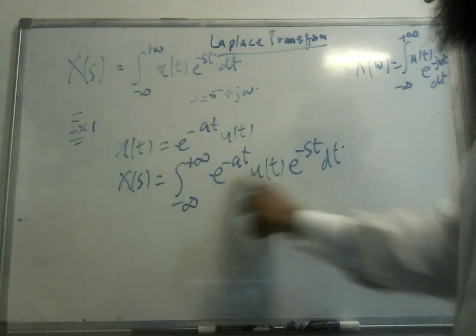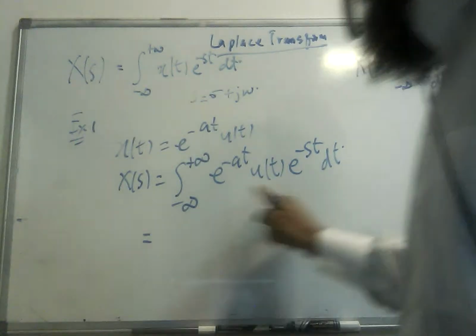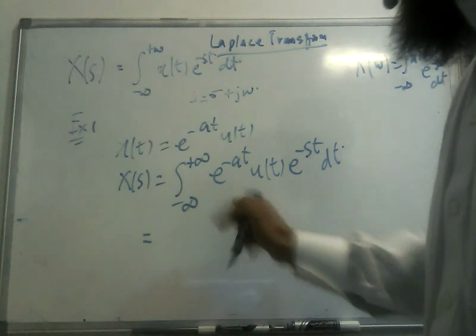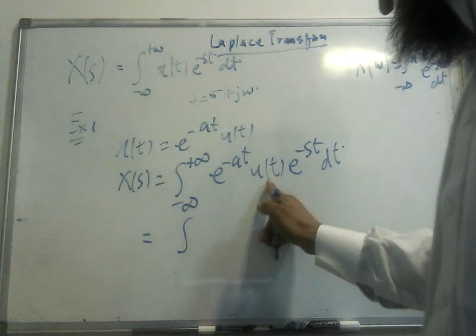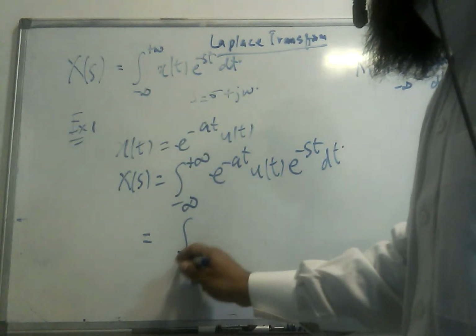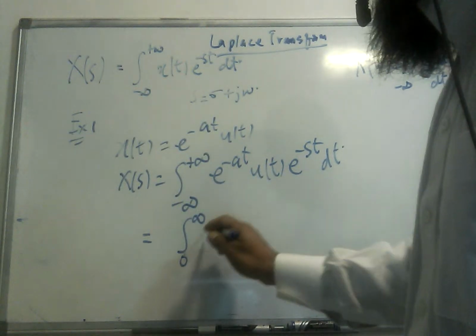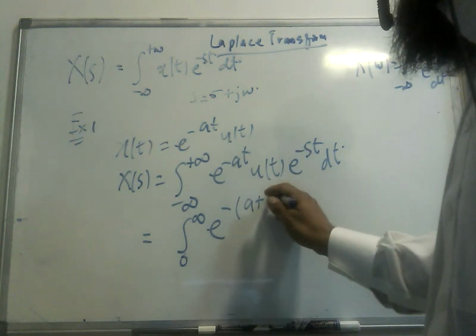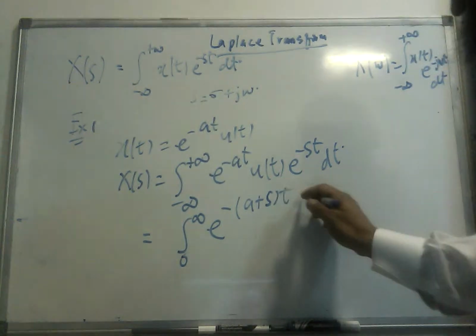Now I can combine the two exponentials and drop u of t. If I drop u of t, the limits will be from 0 to infinity, because u of t is 0 for t less than 0. So I can change the limits from 0 to infinity, and at the same time add the two functions.